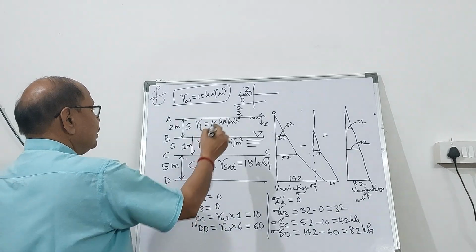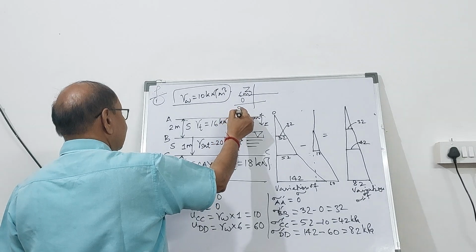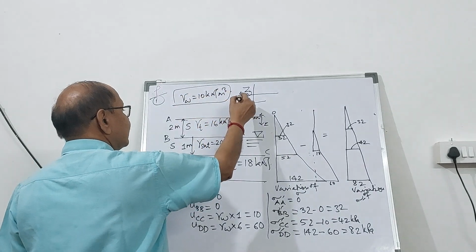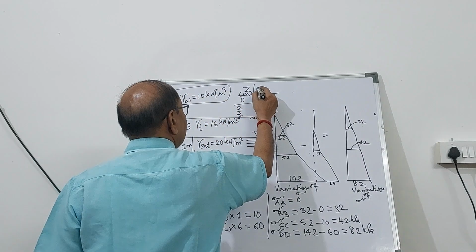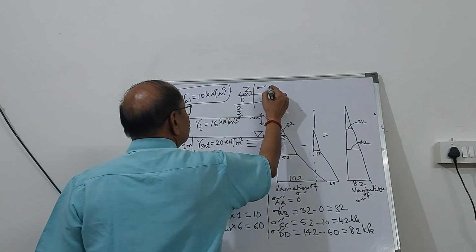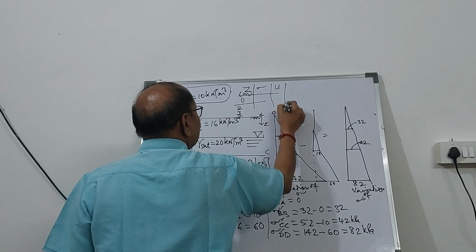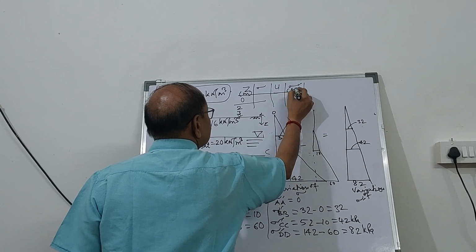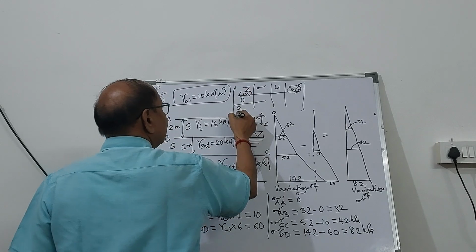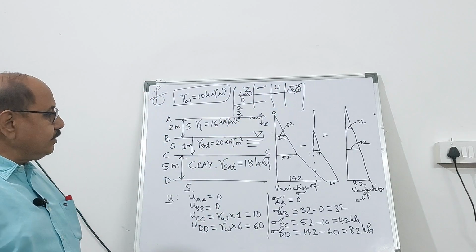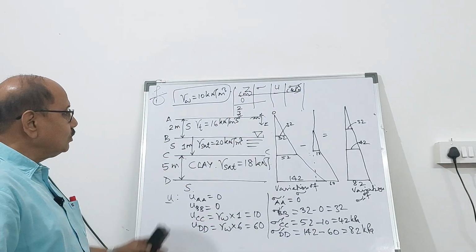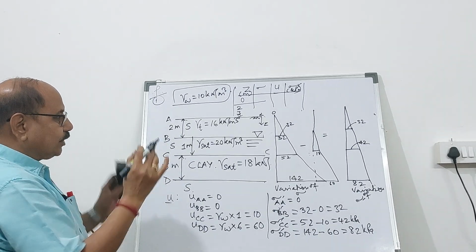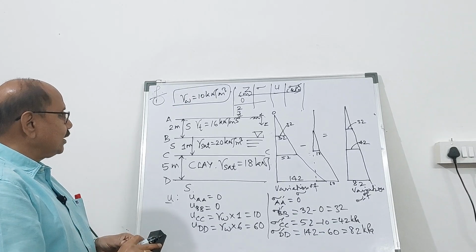So 3 meter means CC level, 2 meter means BB level, 0 means at AA. At these depths, you can find out the value of sigma, the value of U, and the value of sigma prime, all in kilopascal. So in a tabular form, the calculation can be made very nicely, so that you have a clear picture before you and you can plot it like this.